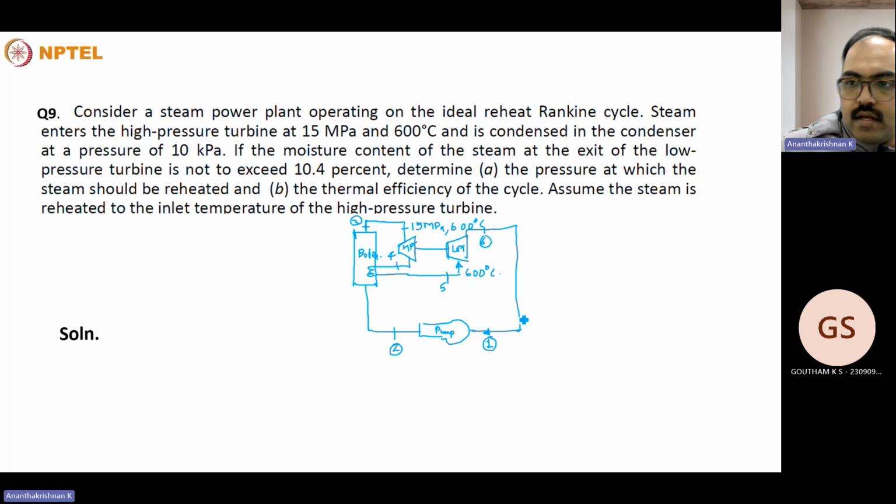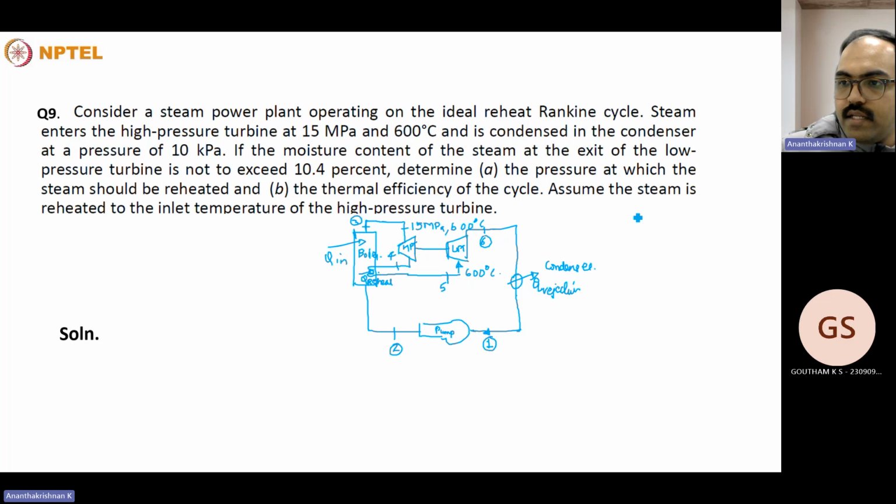And then there will be a condenser for heat rejection. So the heat addition Q in and the Q reheat will be here. The Q rejection will be through the condenser. So these are the 6 state points that are associated with this cycle.